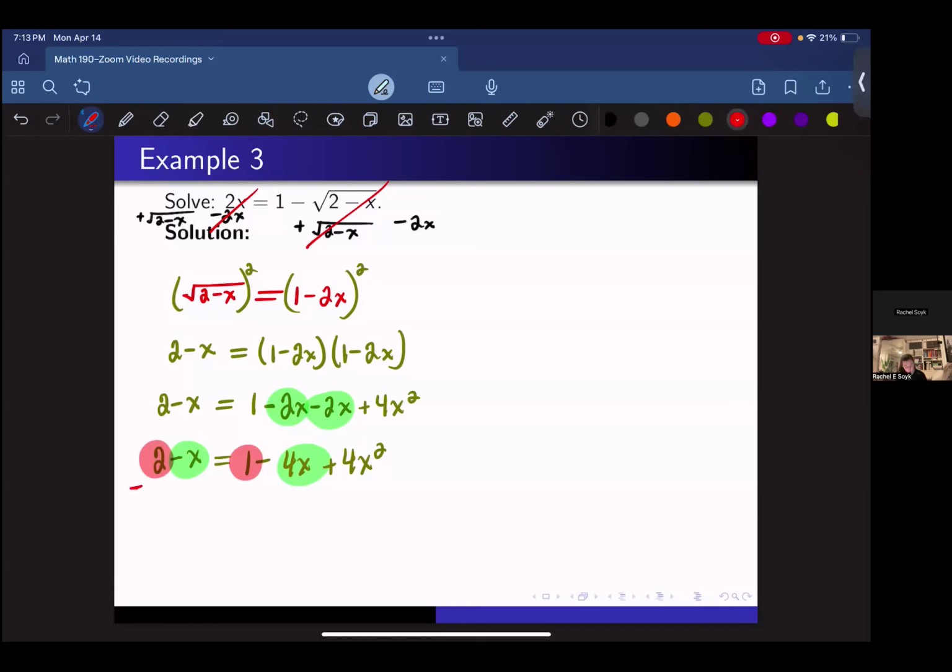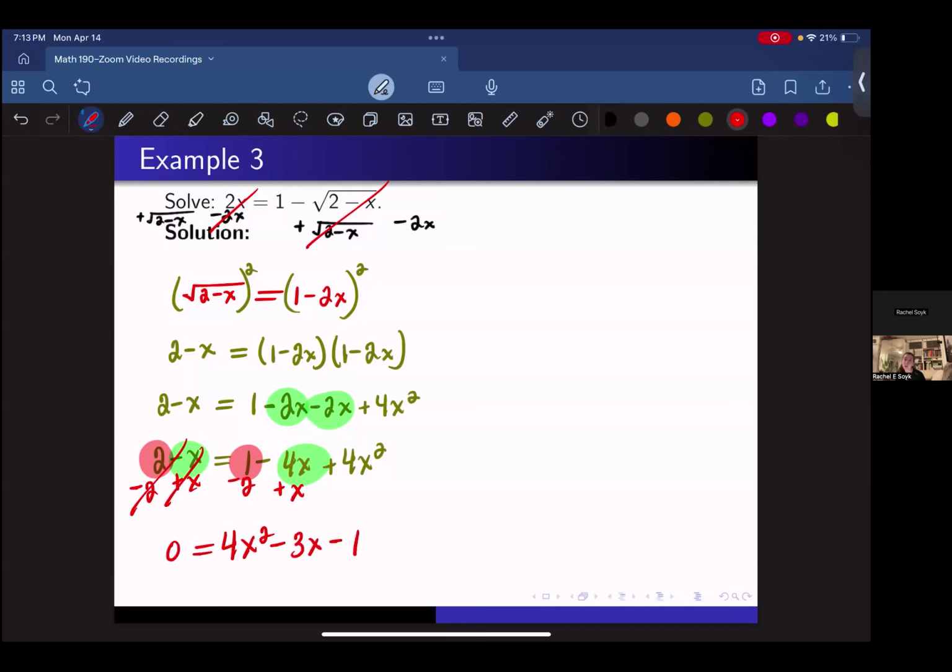Let's subtract 2 from both sides as well. So we're essentially looking at 0 is equal to, and I'll put it into descending order. So 4x squared comes first, minus 3x minus 1.